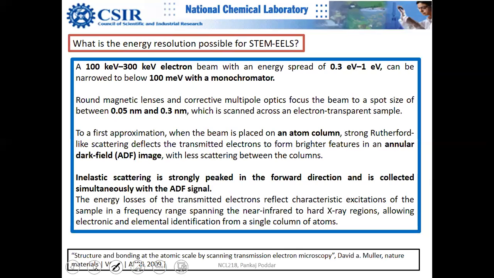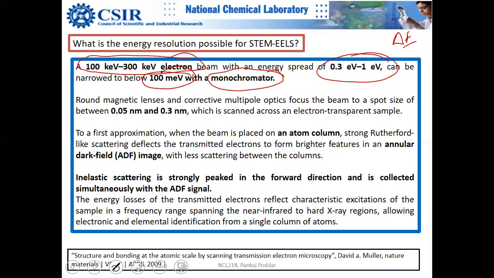We were just talking about energy resolution. Energy resolution can be beautiful actually. Suppose you have this typical energy range of the beam, and this is a spread delta E, which can be narrowed if you are rich, and if you spend 1 or 2 more crore rupees and put in a monochromator, then you can bring down the energy dispersion in the source.